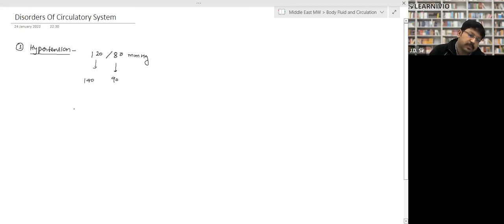So this was a common disease, hypertension or high blood pressure. Come to the next disease. The next disease is CAD. CAD is called coronary artery disease.